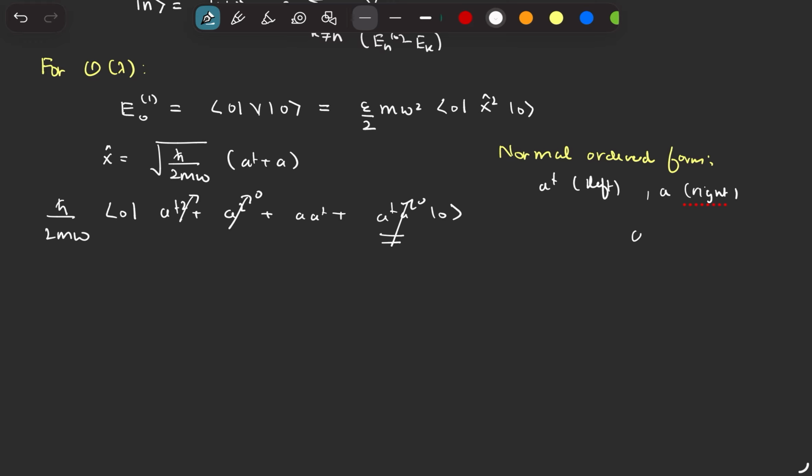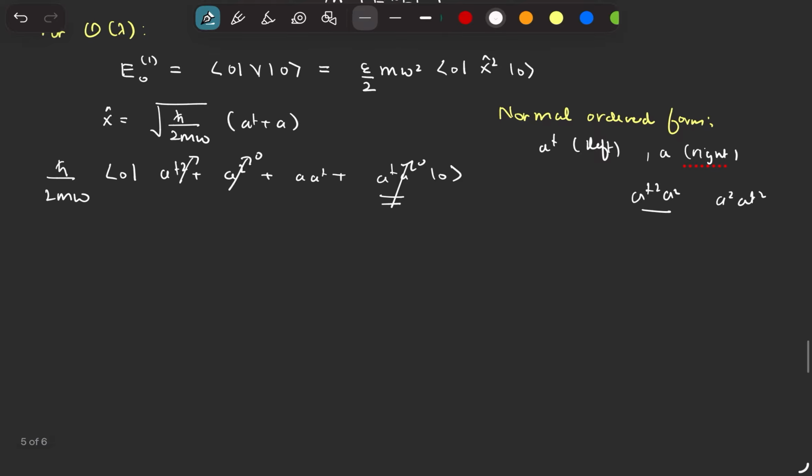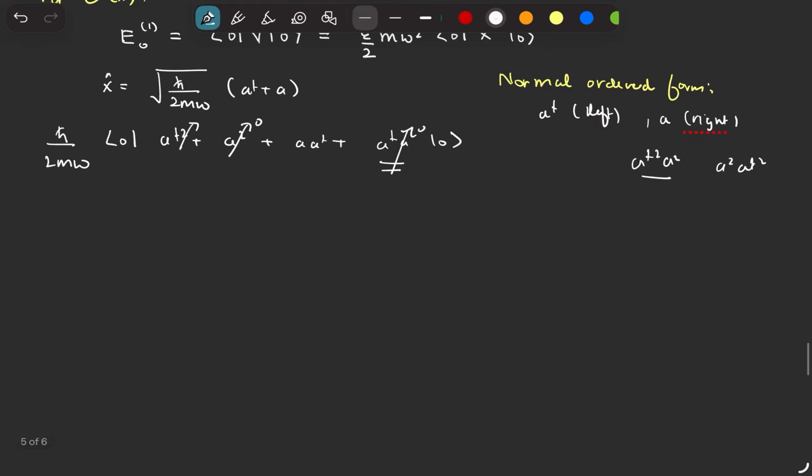So something like A dagger squared A squared is in normal ordered form, but A squared A dagger squared is not a normal ordered form. Fair enough. So now we have h bar upon 2m omega.